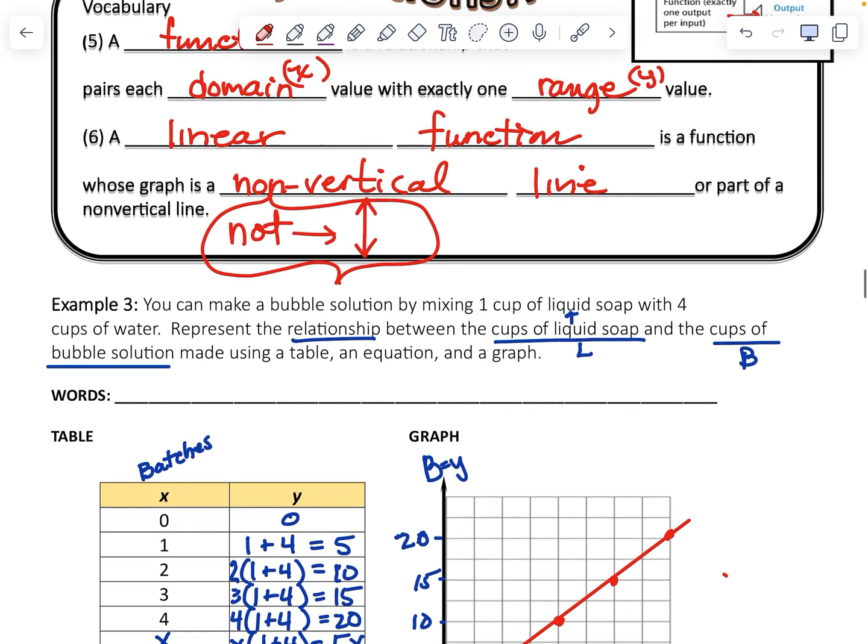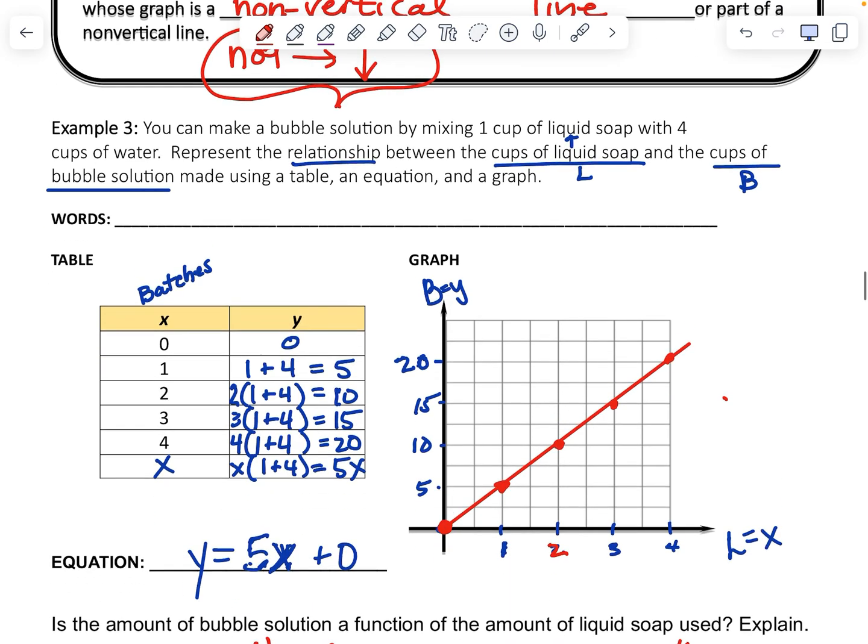So then when we're talking about the next example, you can make a bubble solution by mixing 1 cup of liquid soap with 4 cups of water. So represent the relationship between the cups of liquid soap and the cups of bubble solution.